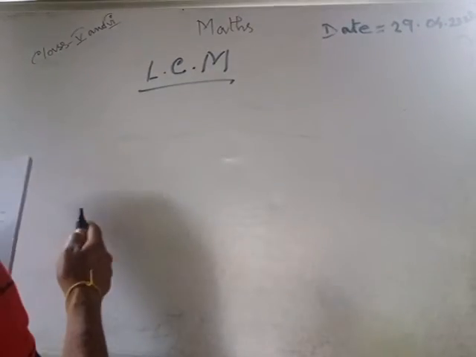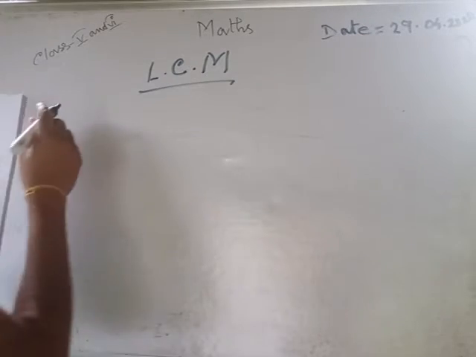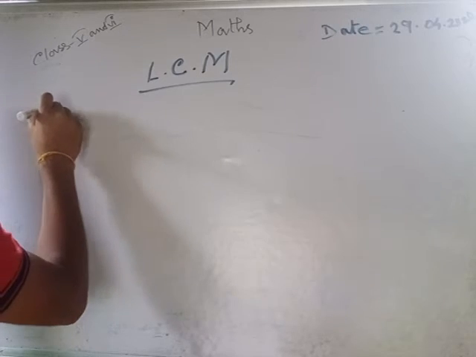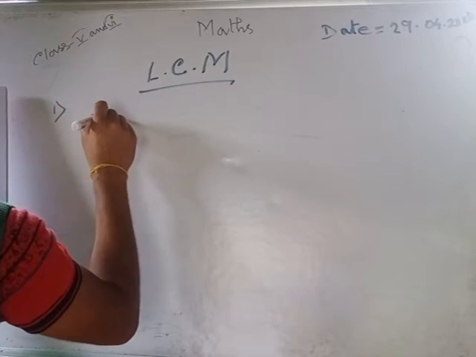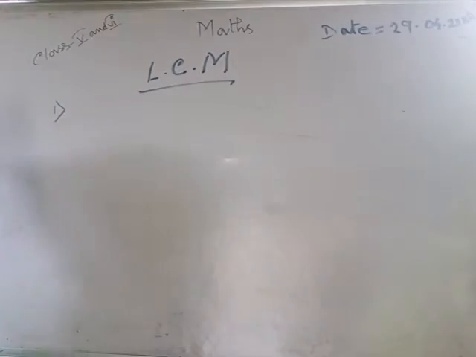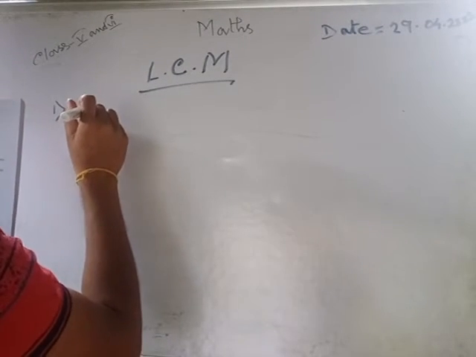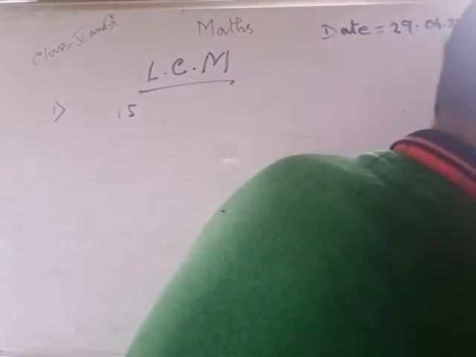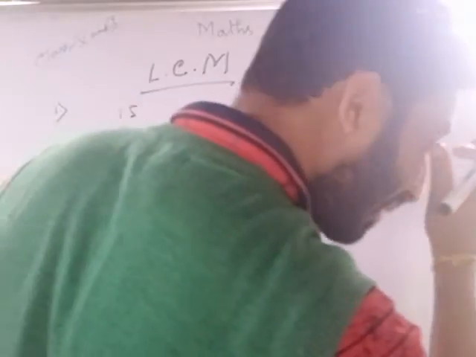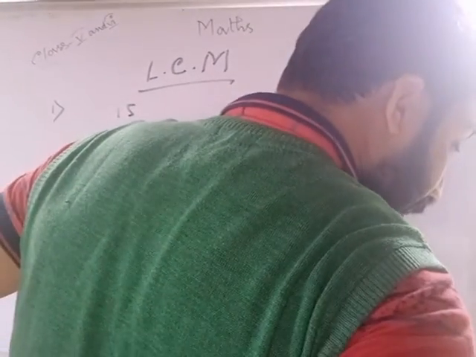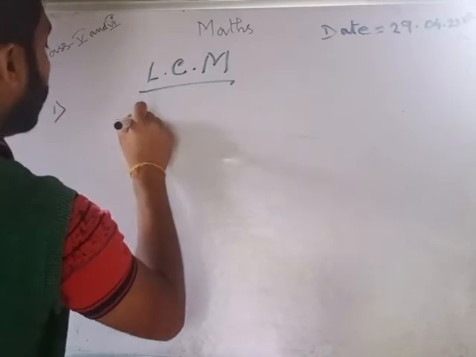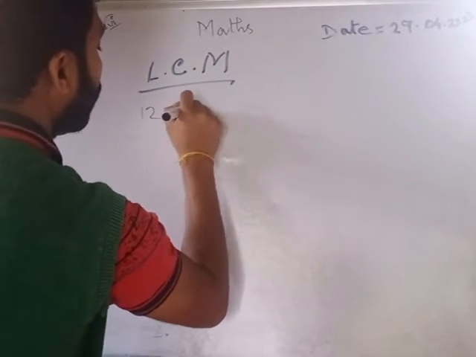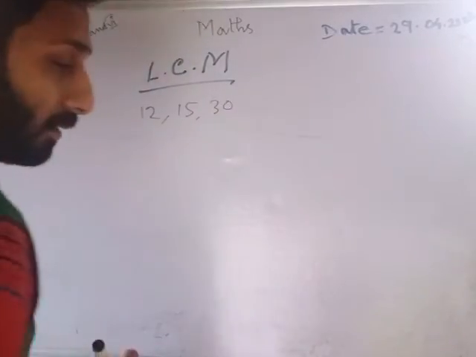By using the prime factorization method, how to find out the LCM from class 5: suppose it is 12, 15 and 30.